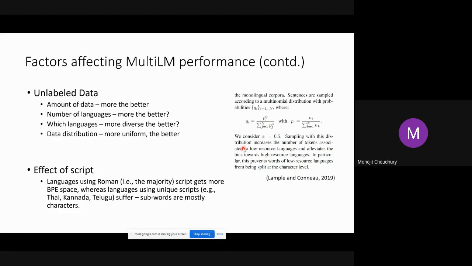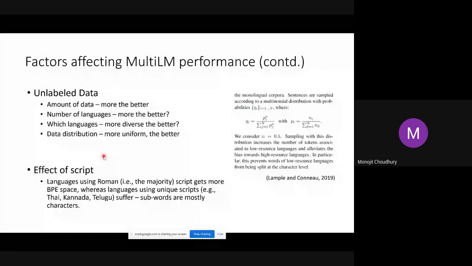The other thing which is very important is the effect of script. One interesting connection between French, German, English, Spanish is not only that they are similar languages, but also that they use a similar script. All of them use the Roman script. Whereas Urdu and Hindi, even though they are the same language, do not use the same script.